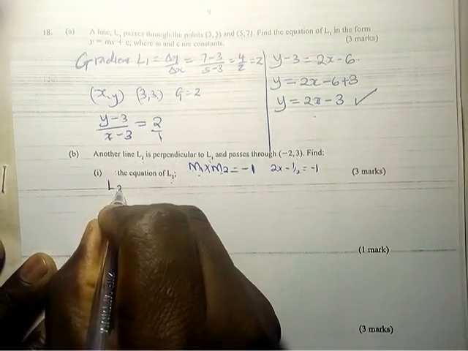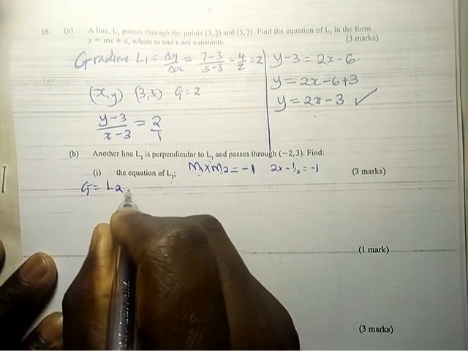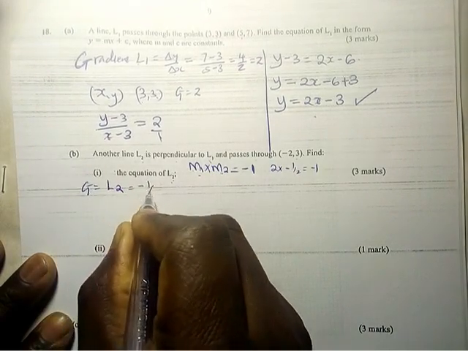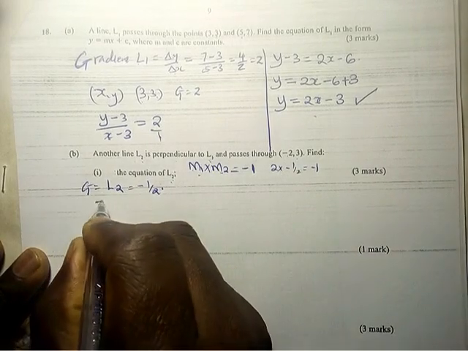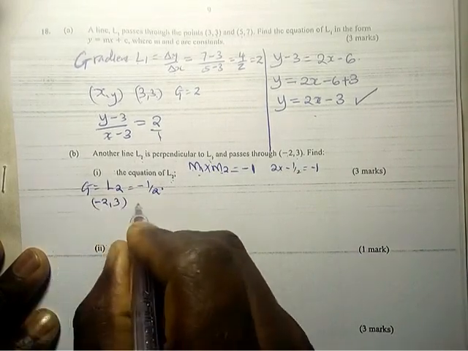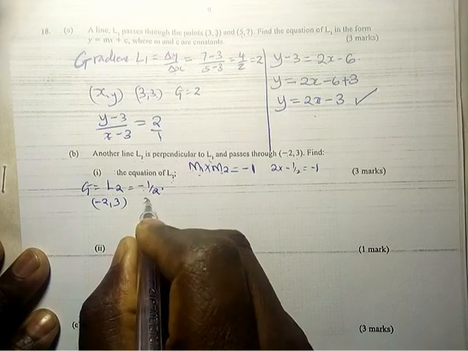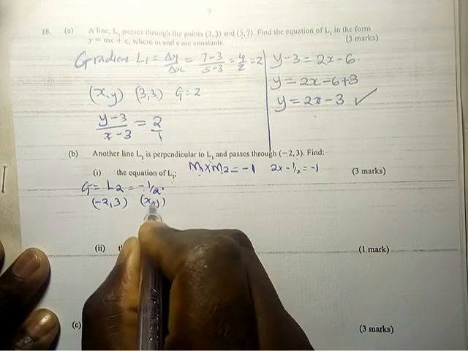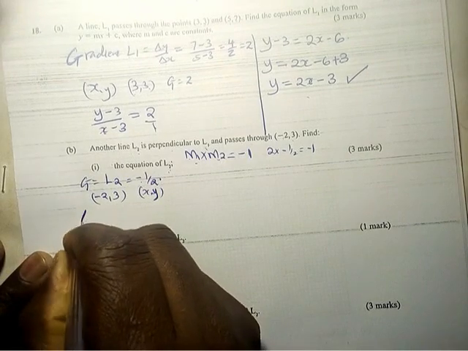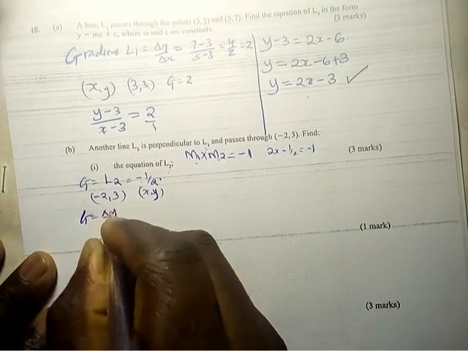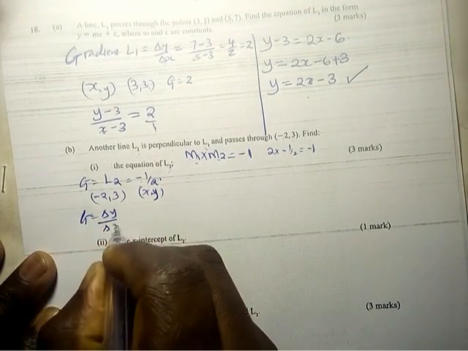Now L2 gradient is equal to -1/2, and it passes through (-2, 3). Take the general point (x, y). So gradient equal to change in y over change in x.